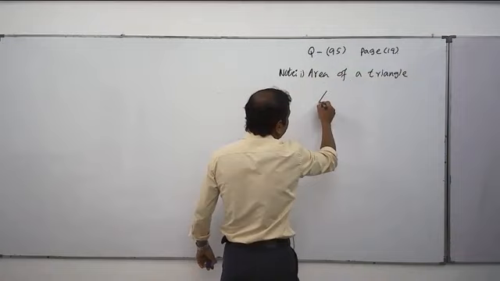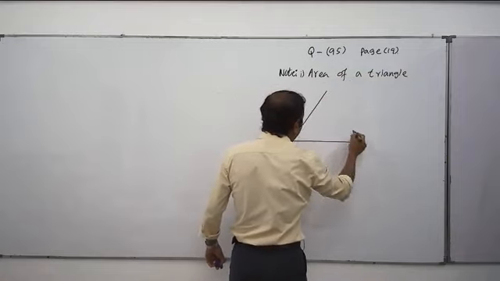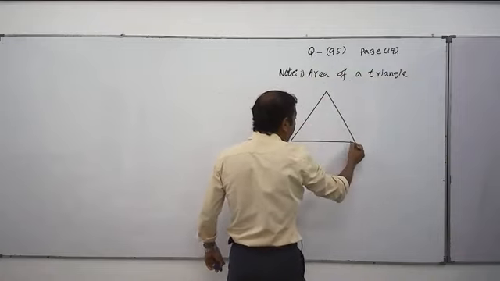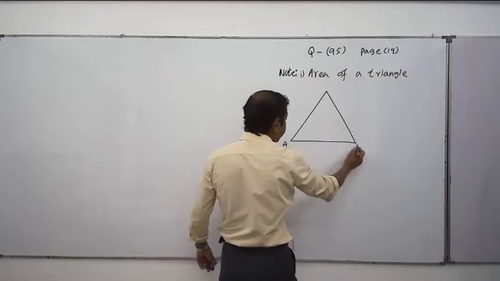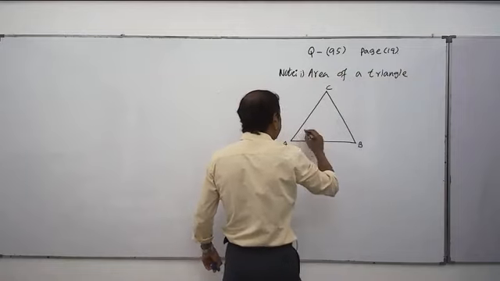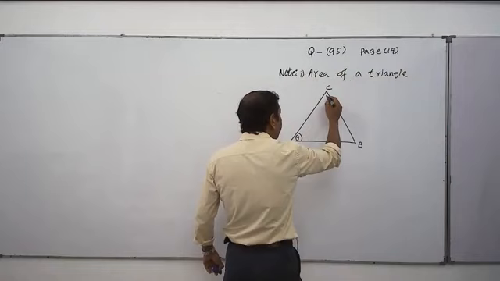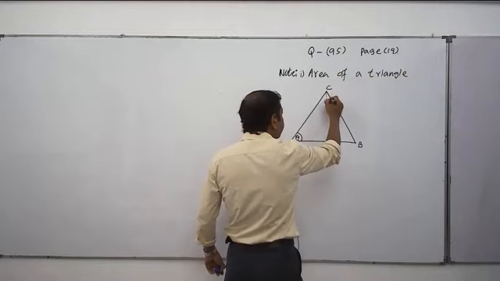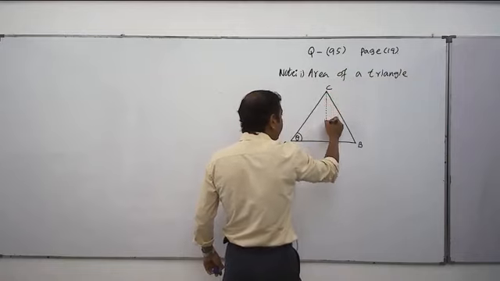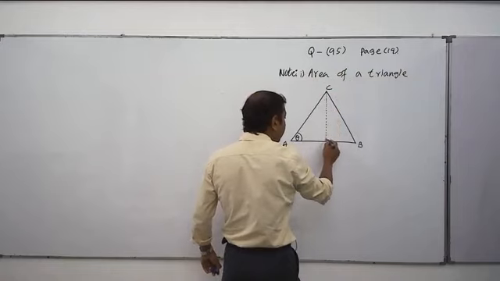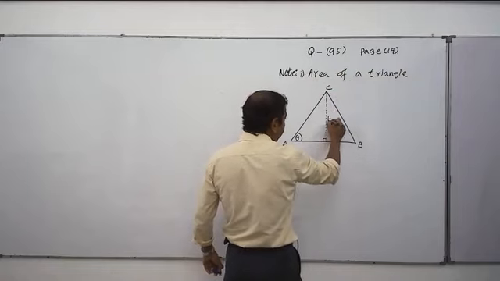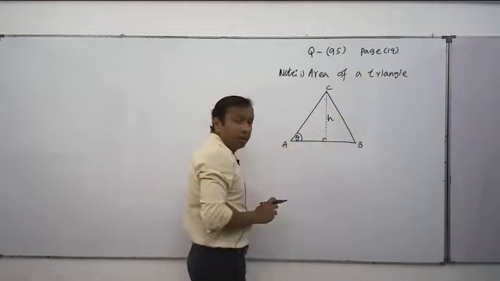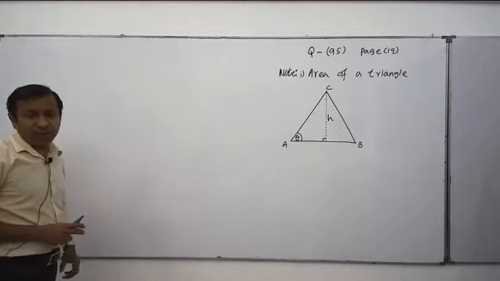People, when we consider this way, a triangle ABC, right? Suppose this is theta, this height is h, yeah, we'll take it as h. So what is the formula for this triangle area, people?